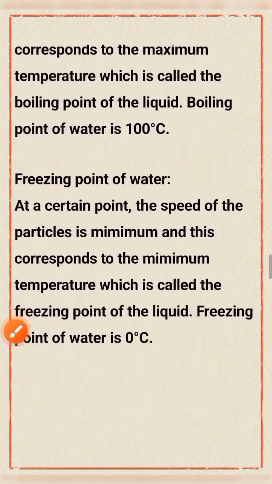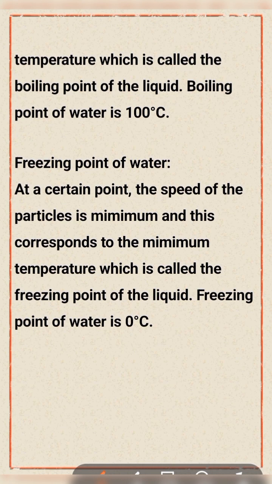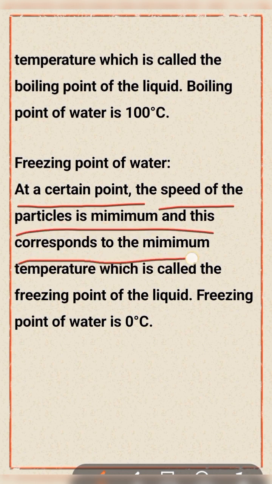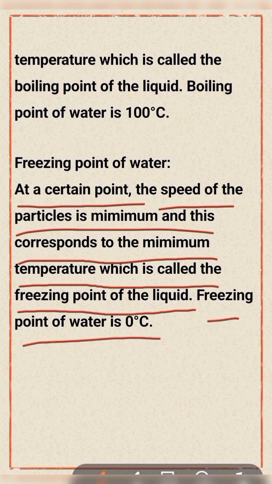Freezing point: at a certain point the speed of the particles is minimum and this corresponds to the minimum temperature, which is called the freezing point of the liquid, that is water. The freezing point of water is 0 degrees centigrade.